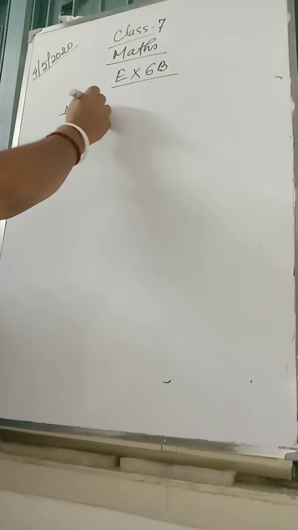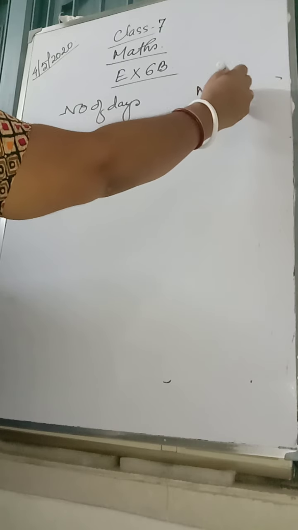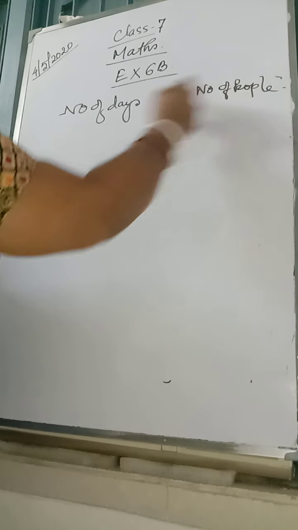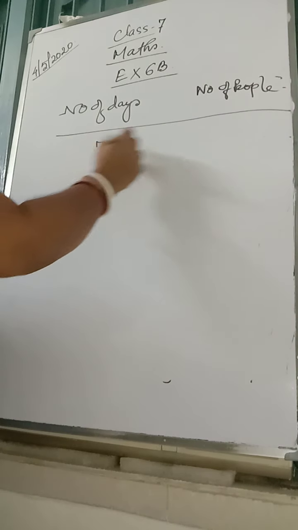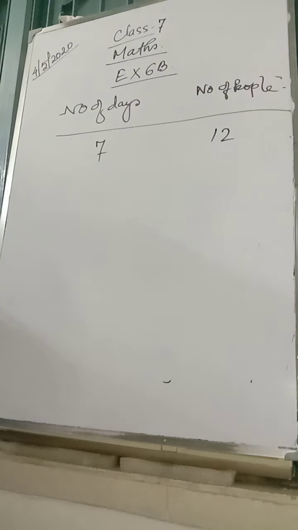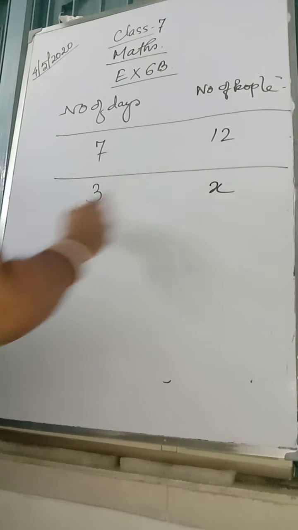Number of days and number of people working. Clear? People. 12 people can finish the project in 7 days. 7 days, 12 people. So how many people will be required to finish the same project in 3 days? Next option is 3 days, X people.